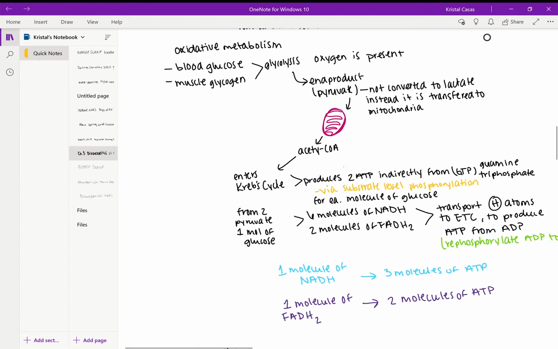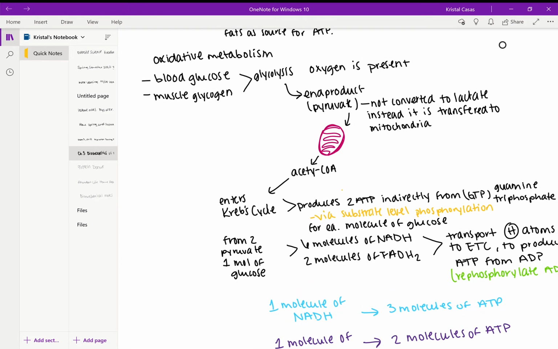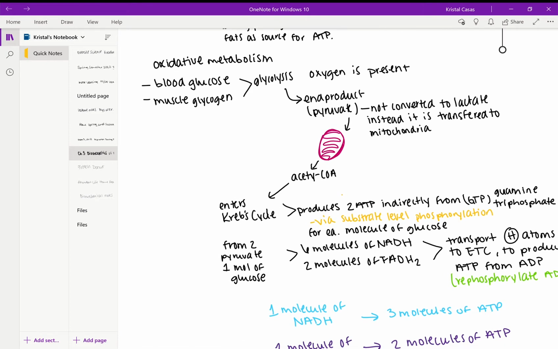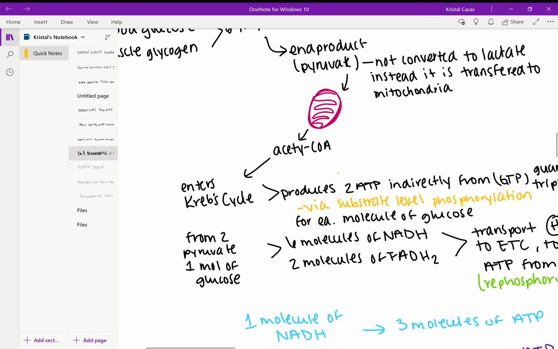Oxidative metabolism. So we have the blood glucose and the muscle glycogen. Glycolysis, when oxygen is present, the end product of glycolysis is pyruvate, so it will not be converted into lactate, but instead, as I mentioned previously, it will be transferred to the mitochondria, where it is converted into acetyl-CoA, and it enters the Krebs cycle.